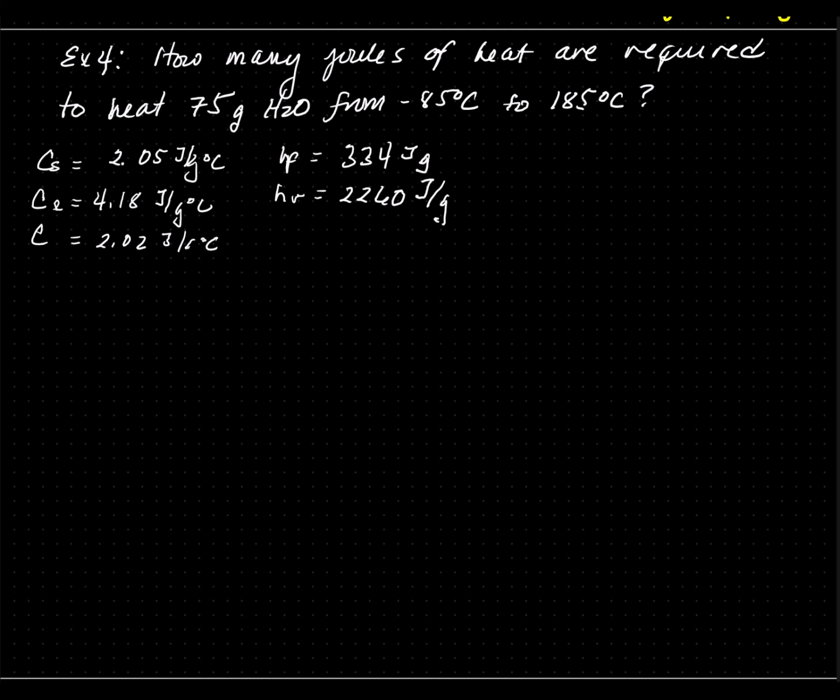How many joules of heat are required to heat 75 grams of water from negative 85 to 185? Again, there's multiple temperature changes, so I know I need to draw a sketch. My bottom one is going to be 0 degrees Celsius. My second plateau is 100 degrees Celsius. Now I'm going to mark my starting point.